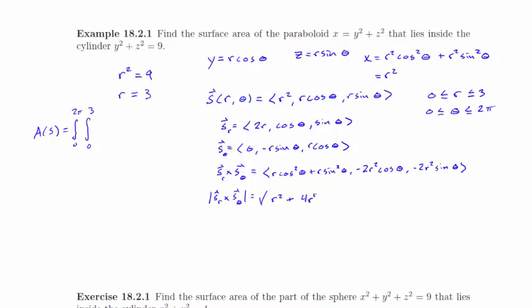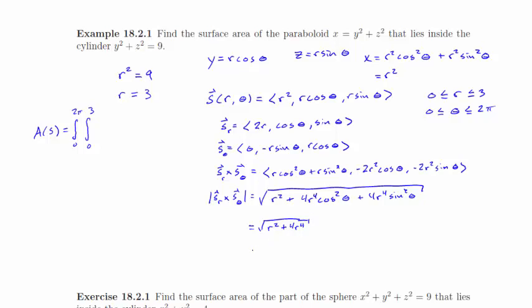So that's 4r to the fourth cosine squared of theta. No, this isn't going to be too bad. Plus 4r to the fourth sine squared of theta, which equals the square root of r squared plus 4r to the fourth.